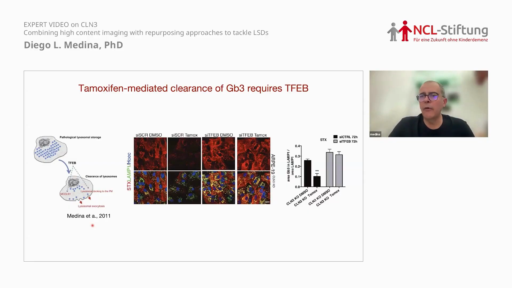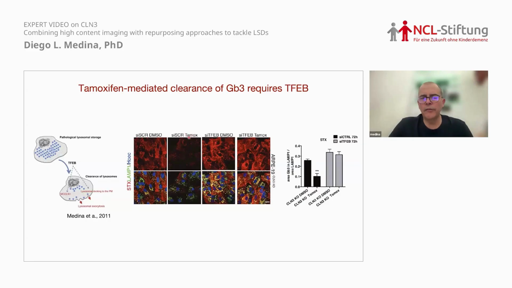So we asked ourselves whether tamoxifen may induce TFEB activation and therefore use this mechanism to clear globoside accumulation within the lysosome. In this experiment, we basically use ARPE-19 cells that are knockout for CLN3, and as you can see, in control and treated conditions, they accumulate GB3 as expected.